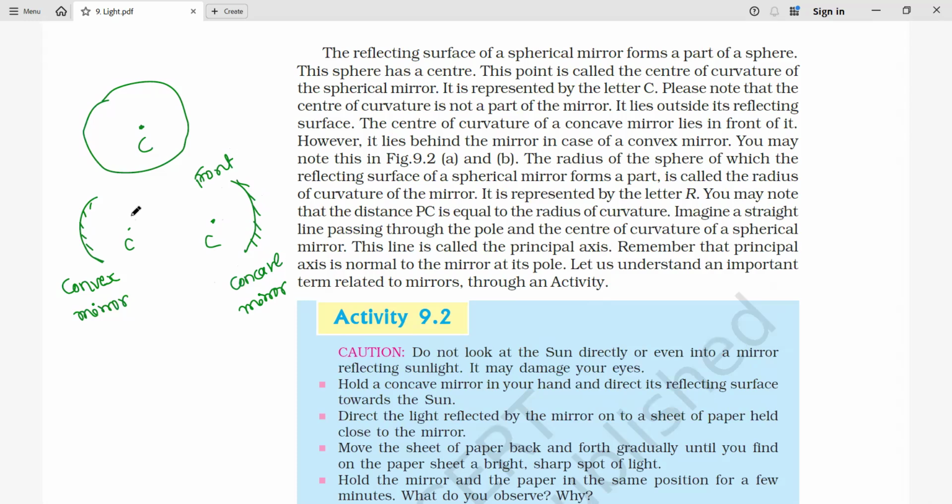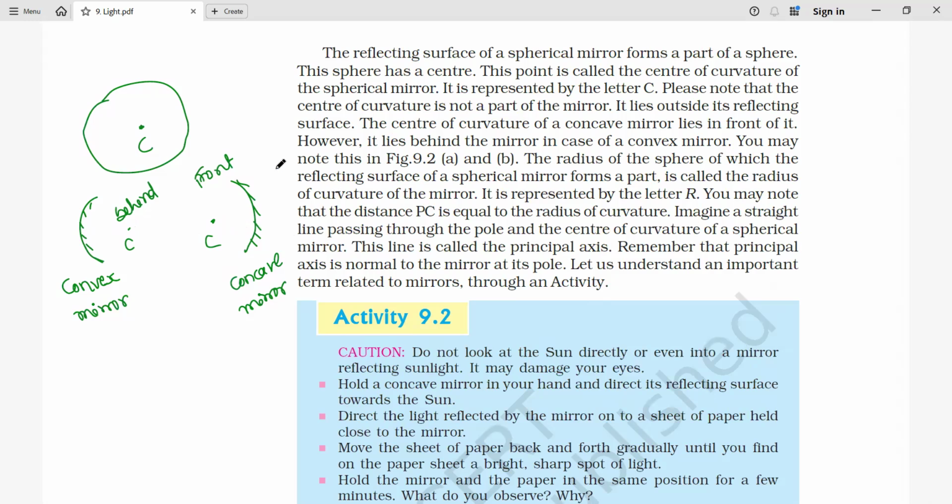And in the convex mirror, it is behind, at the back side of the mirror. So we have to keep that in mind. The center is the one from which the mirror is made. Now, the center of curvature does not lie on the mirror, it just says whether it is behind or in front.